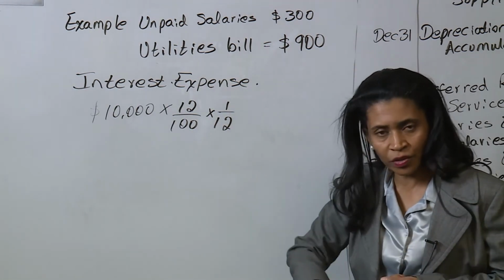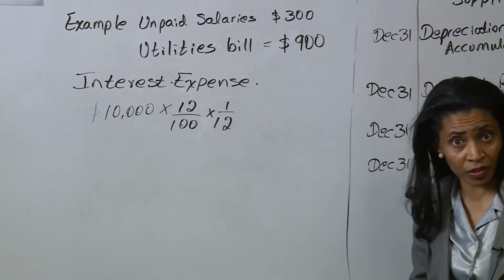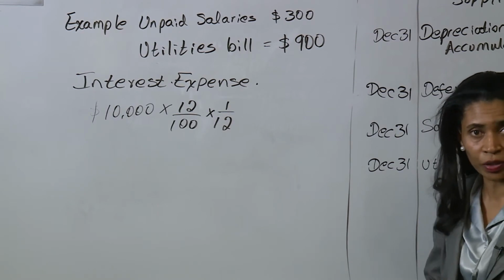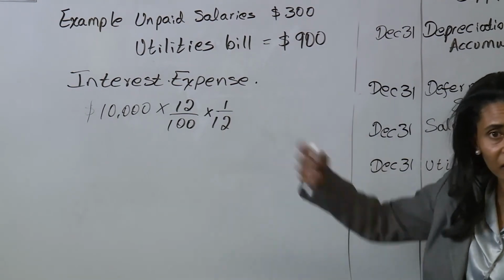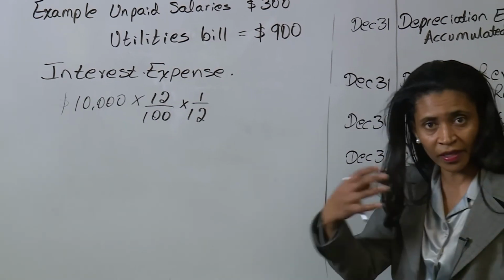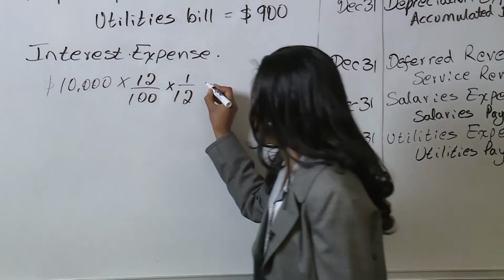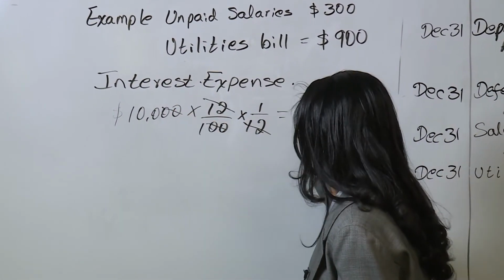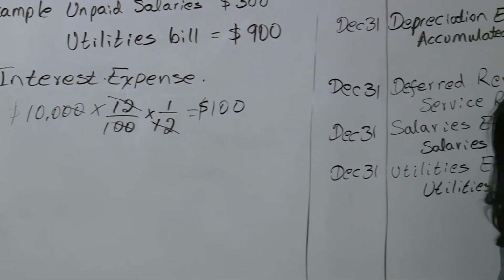So that is what happened. We borrowed money on December 1st, and as time passes, we incur interest expense. But we didn't get the chance to record that expense because we are not paying yet. We pay when the due date comes, but the expense should be included as our expense and the liability. So this amount, I believe, is going to be $100. So I record that as interest expense.